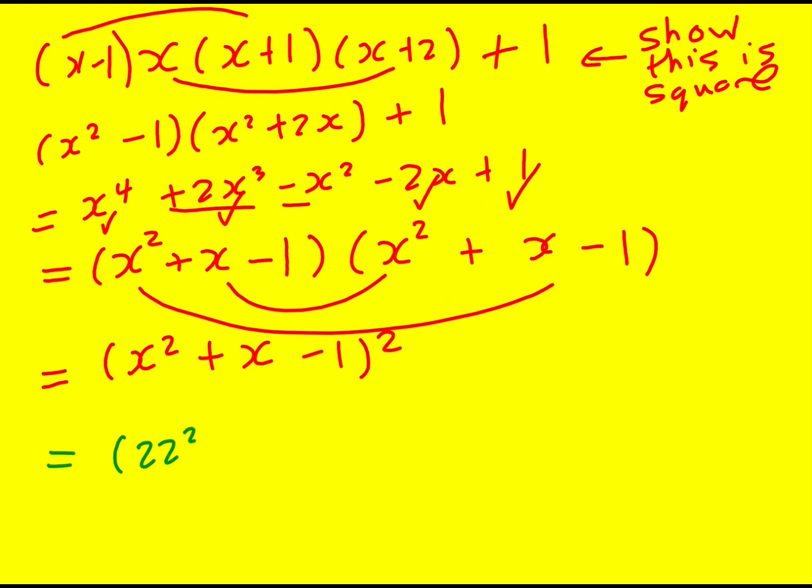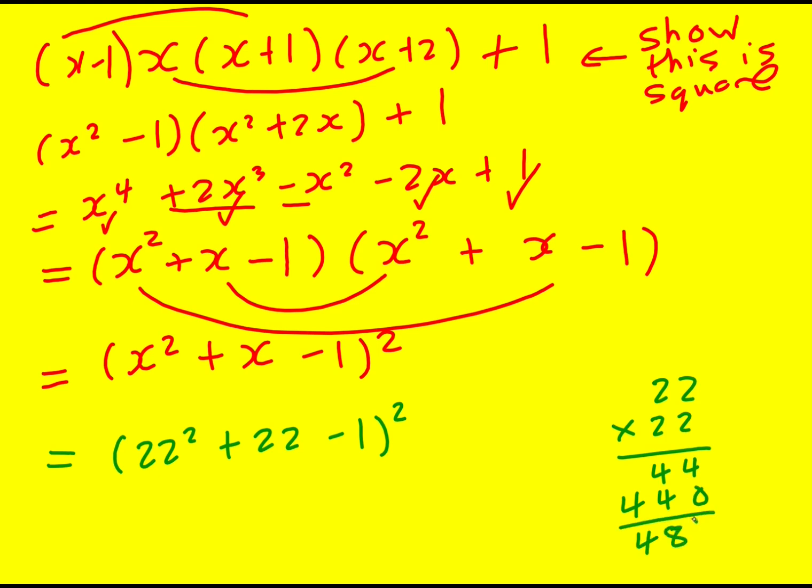So 22 squared plus 22 minus 1, squared. 22 times 22 is 484. I'm plussing 22 and then minusing 1, so I might as well just add 21, which gets us to 505. So 505 squared, of course. And then if I got rid of the plus 1, it would end up being 505 squared minus 1, in the form that we're asked for.